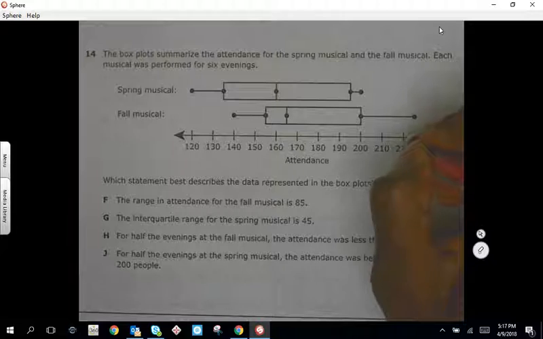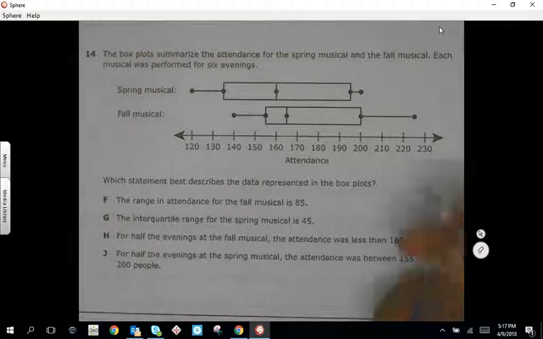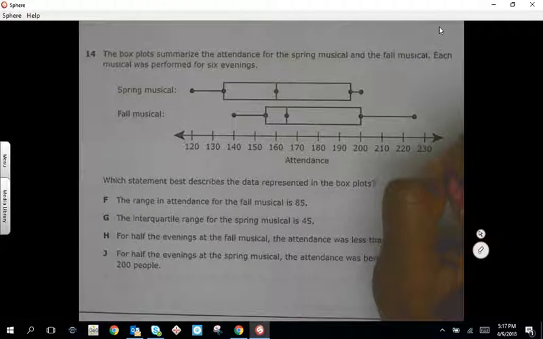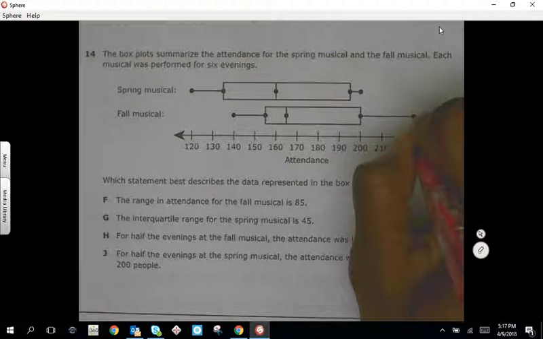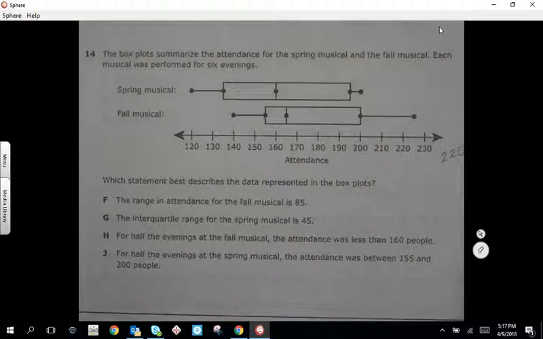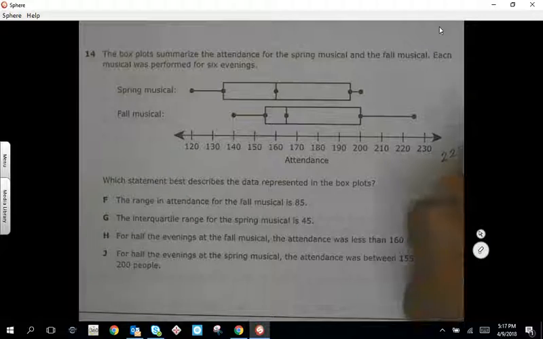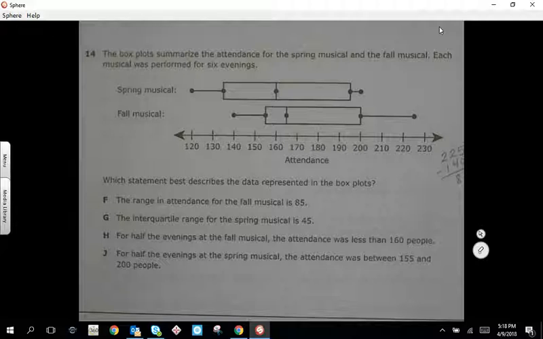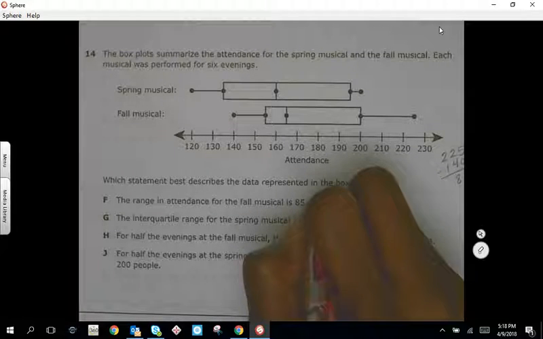So I'm right in between 220 and 230. So let's say 225 minus 140. That is 85. Maybe.